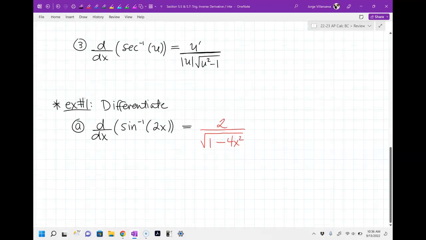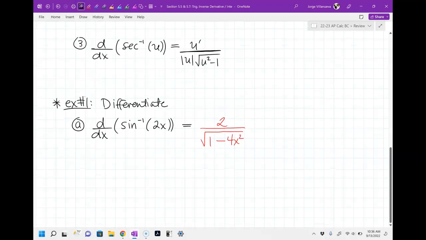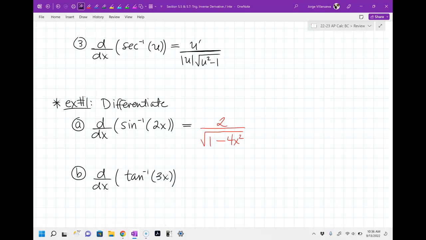All right, let's look at the second one here, part B. Let's do the derivative of tangent inverse of 3x. Well, according to the definition, it's u prime over 1 plus u squared.